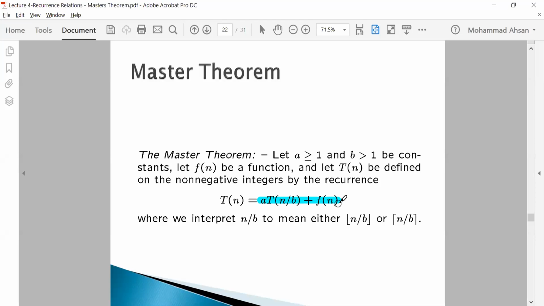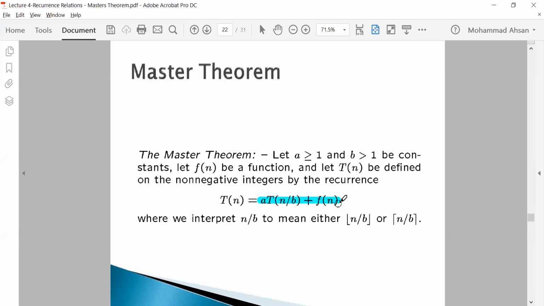So at every level, or for every n, you have to put some additional work f(n) to do your job. This n by b, you can take either the floor or the ceiling, that will not matter. So a and b are constants. a is greater than or equal to 1, and b is definitely greater than 1 because you don't want to divide by 0. f is a function.